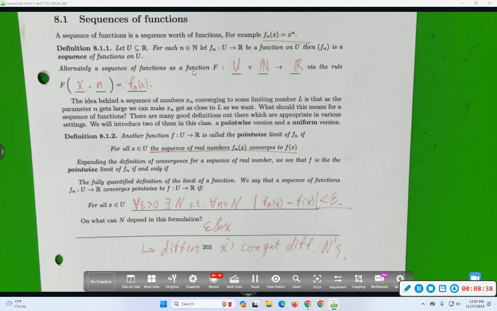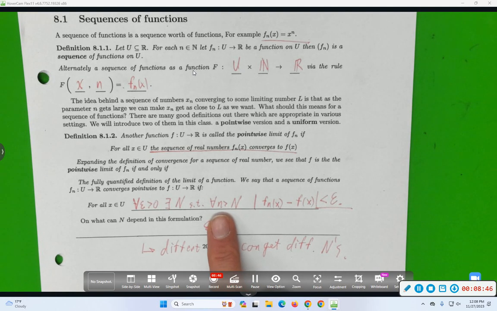So there's an obvious variant on this definition, and I'll write it on the next page. So a sequence of functions is called uniformly convergent to some uniform limit f if you change this definition so that the choice of big N is not allowed to depend on x. How would you change this definition to prohibit big N from depending on x?